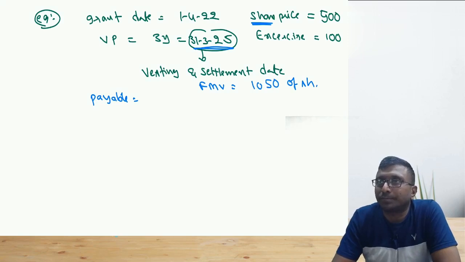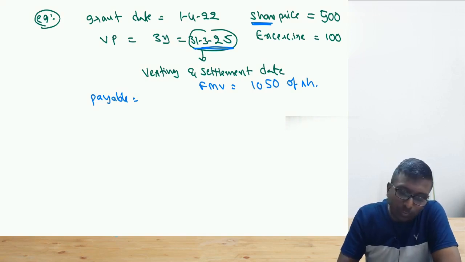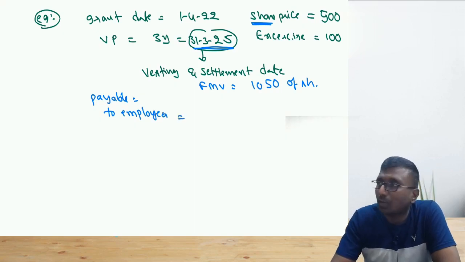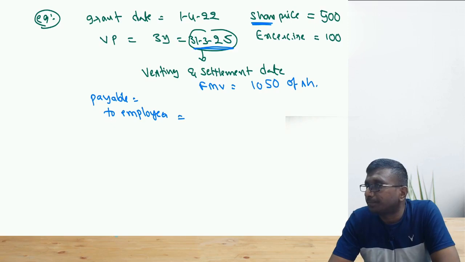Continuing with the same, 1050 is the share. How much will you pay to the employee? 1050 will not be given; minus 100.